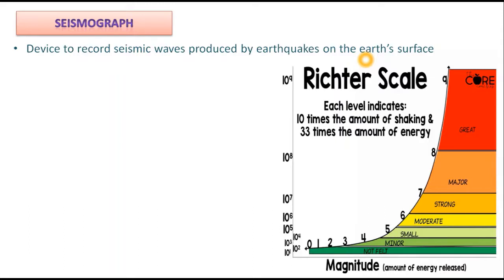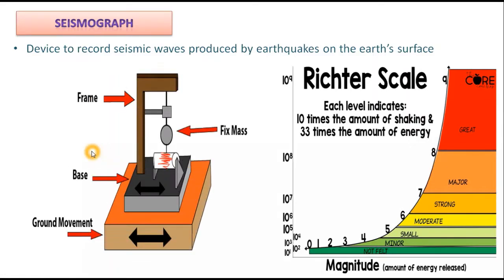And by looking at those waves, we find the amplitude of the waves. Now, by now, you all know what is the amplitude of a wave. So, once you know the amplitude, with that, you can get the values on the y axis of the Richter scale. So, let's see how exactly a seismograph looks like and how it works.